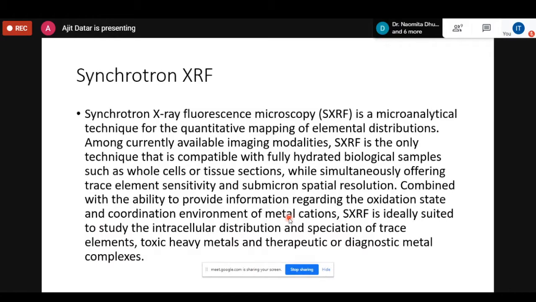XRF is ideally suited to study the intracellular distribution and speciation of trace elements, toxic heavy metals, and therapeutic or diagnostic metal complexes. So this is a technique which is coming up. This will revolutionize the modern concepts in analytical chemistry with respect to biological sciences.